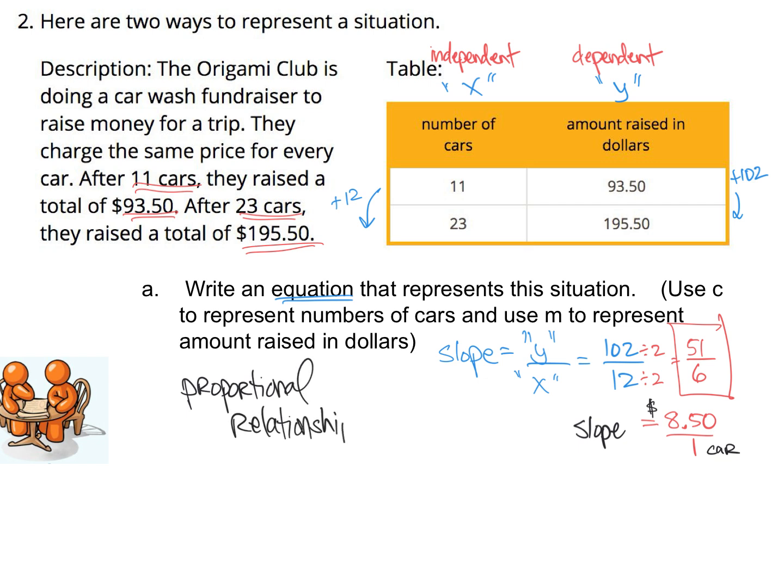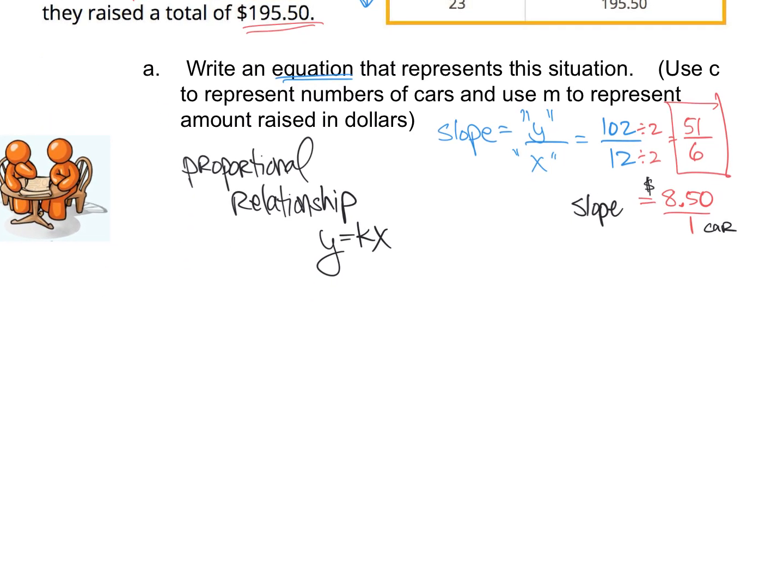And this is actually what we did in 7th grade. Remember, the proportional relationship is y equals kx. And k is what is considered the constant of proportionality.